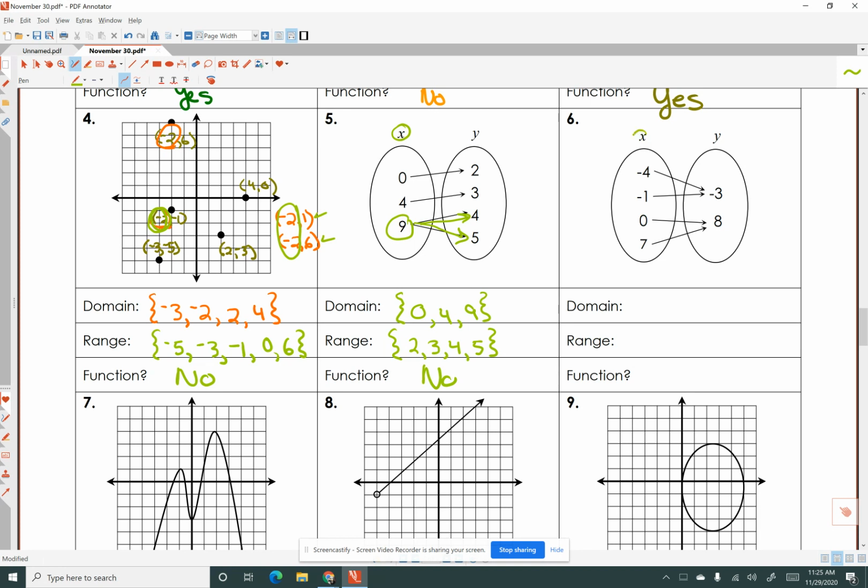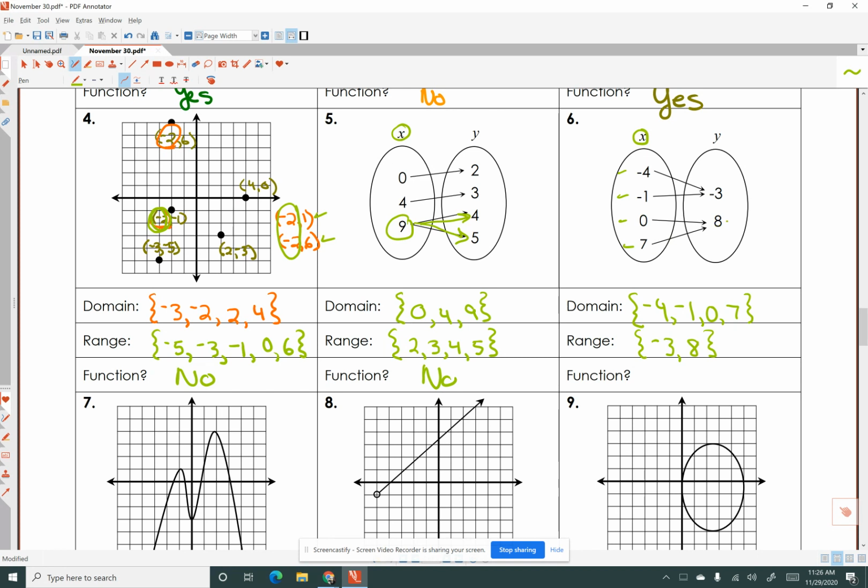Now, number 6, we have a domain of -4, -1, 0, and 7. And we have a range of -3, 8. But look what's happening here. Each x value has its own y value.